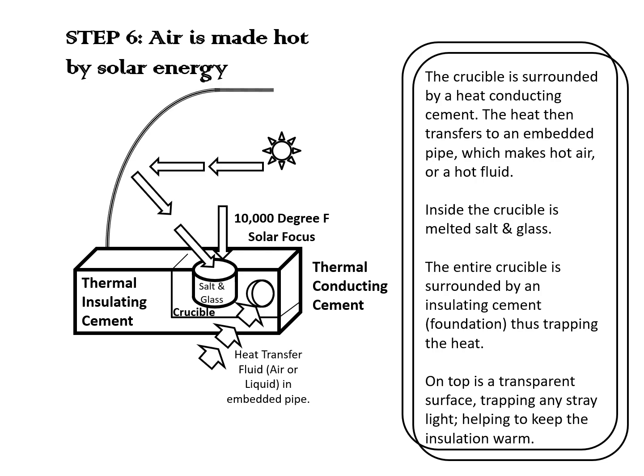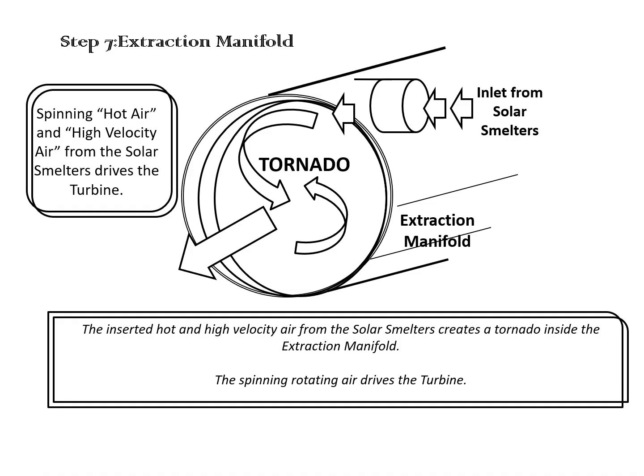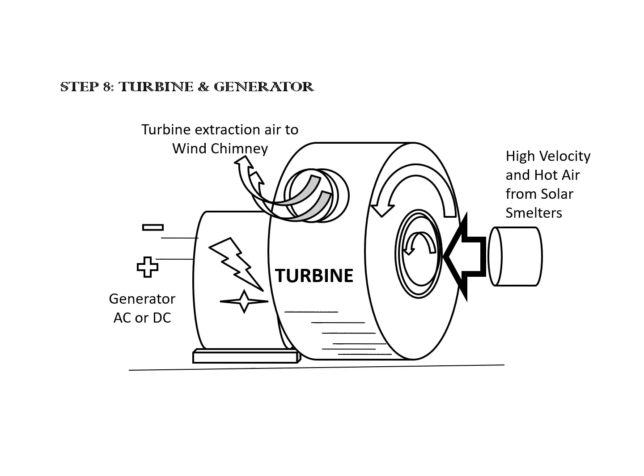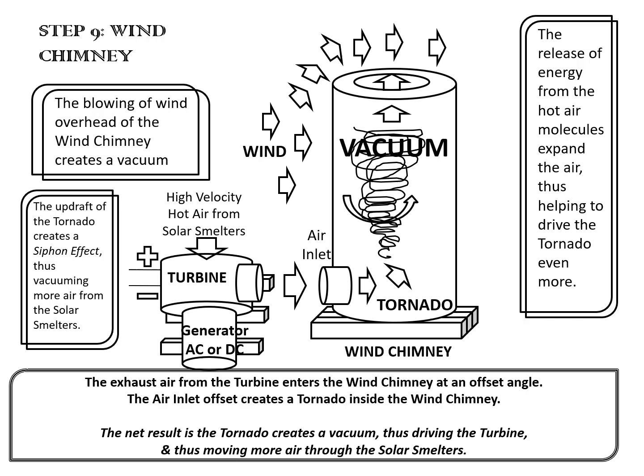You actually create the surface temperature of the sun, which is, oh man, all the way up to 8,000, 9,000 degrees, hot enough to melt. And then you have your turbine. The turbines have to be fairly big. But the hot compressed air comes down the header pipe, goes into the turbine, and then out to the chimney. The wind chimney tornado creates a vacuum.